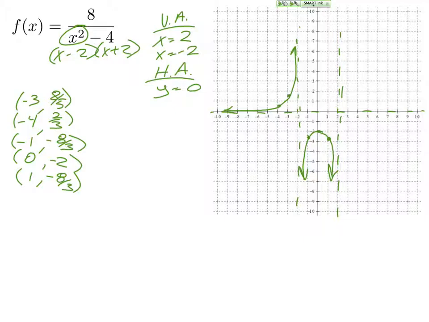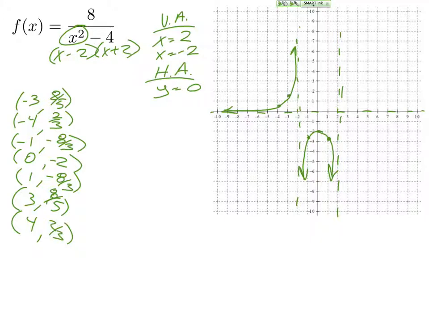Okay, then on the right side, let's plug in 3 and 4. So if I plug 3 in, that gives me 9 minus 4, which is 5, so I get 8/5, just like I did earlier. Okay, what's going to happen when I plug 4 in? I'm going to get 2/3, just like I did earlier.